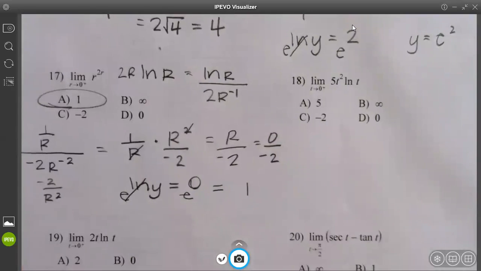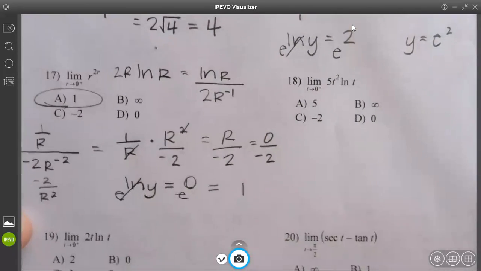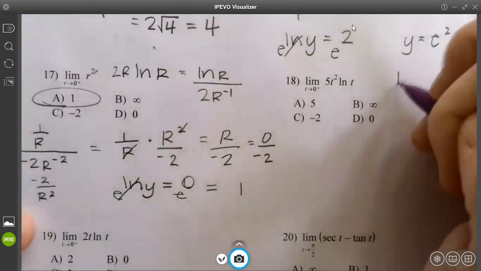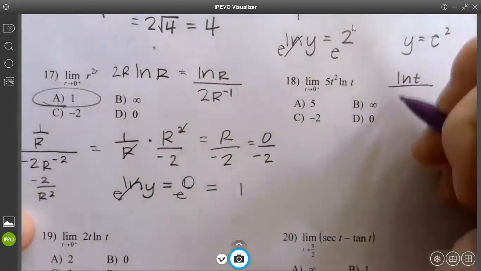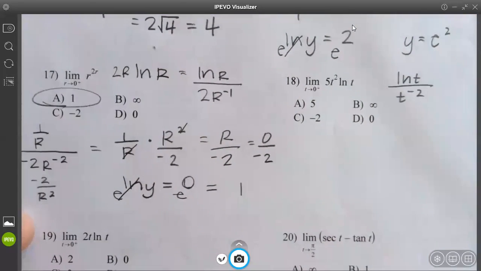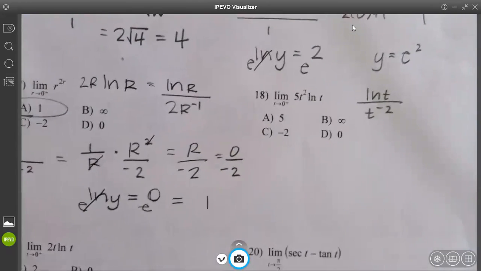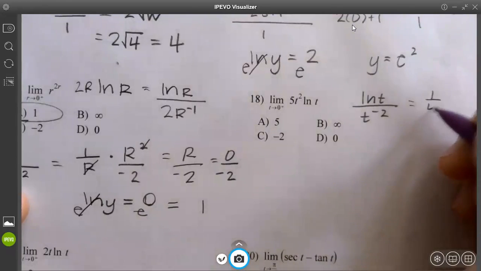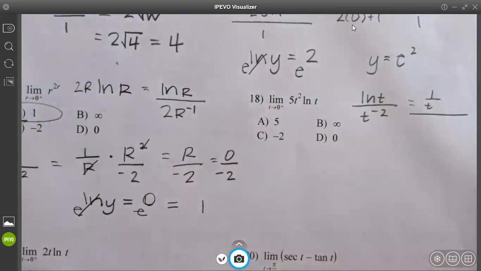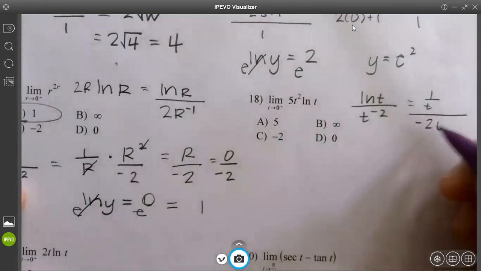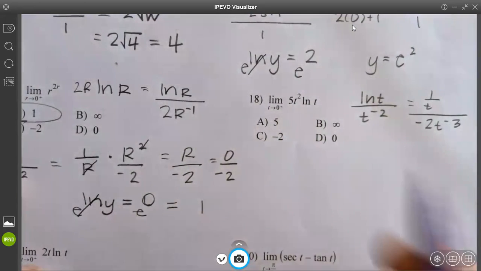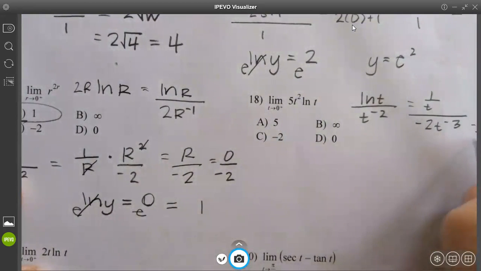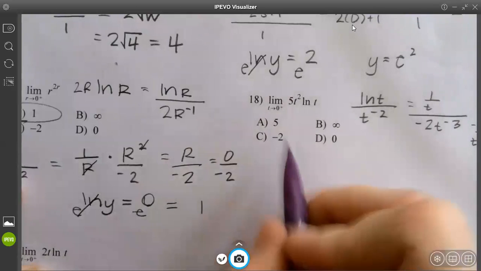Okay, all right, 18. What do I do? And then t to the -2 on the bottom. Derivative of ln t. Derivative of t to the -2. So again, this turns into -2/t cubed.